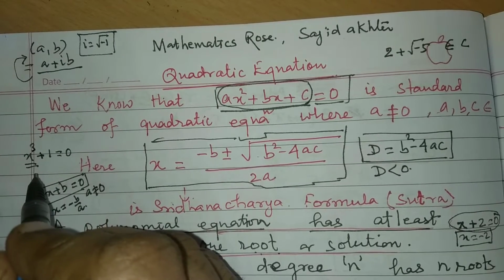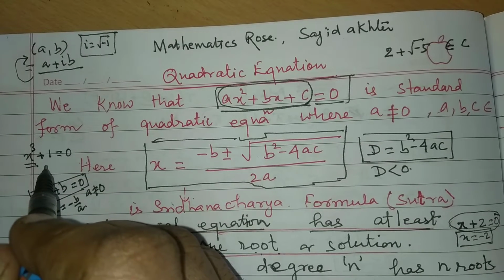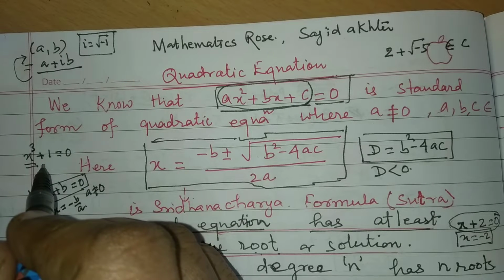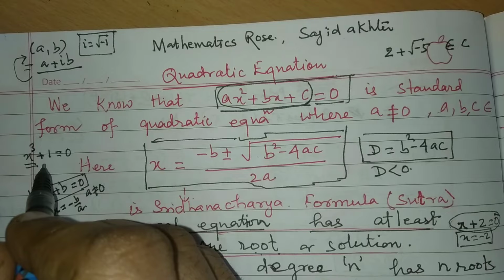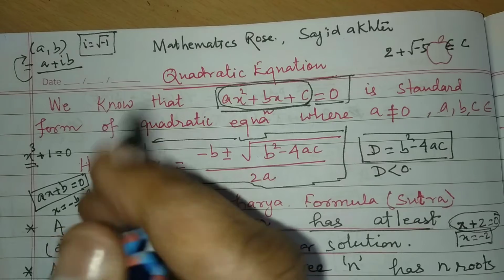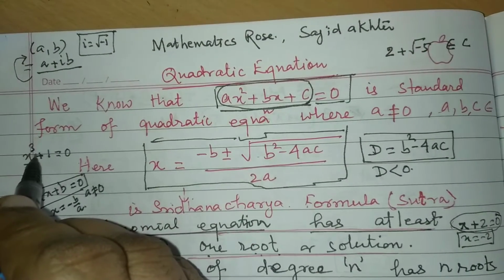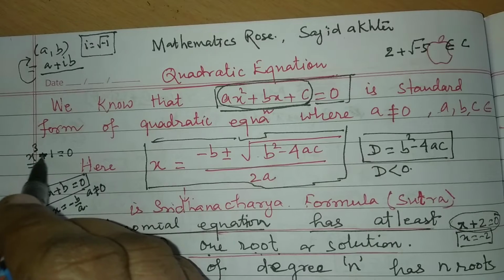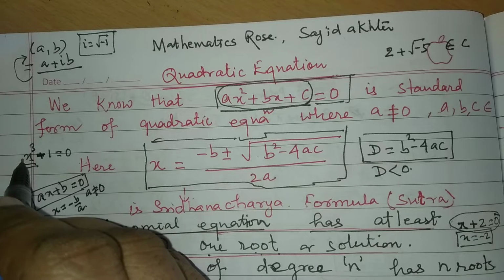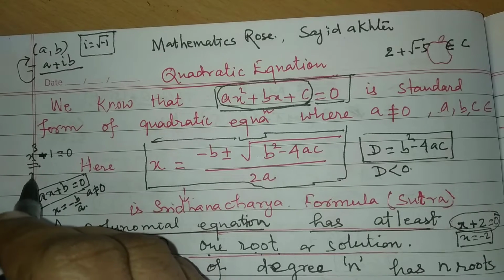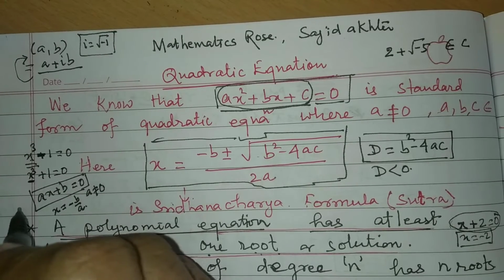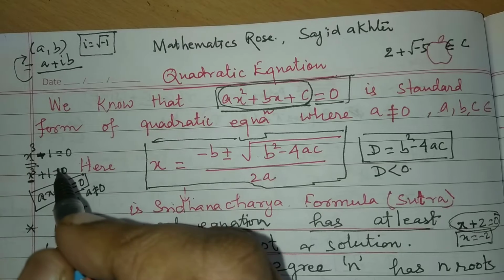It has 3 roots, because we know the cube roots of unity: the first is 1, and the others are omega and omega square, which are the solutions of x cube minus 1 is equal to 0. Similarly, we can find the solutions of x cube plus 1 is equal to 0. So how many roots will we get, whether real roots or complex roots?